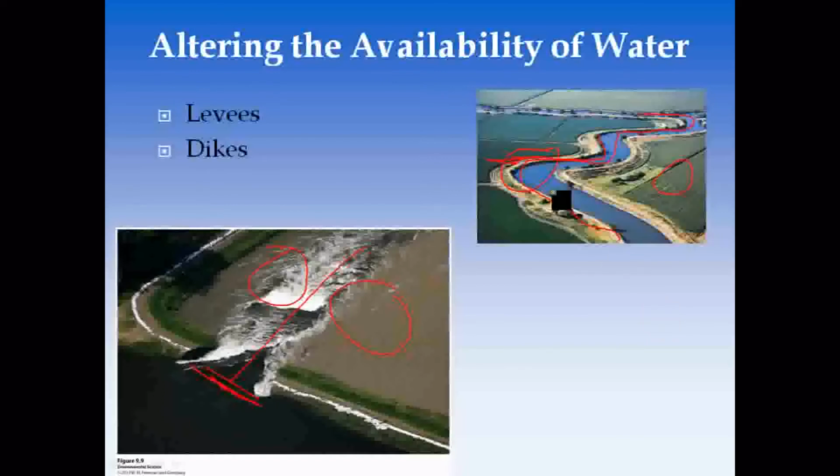Another problem is if you stop the natural flooding that might occur with this river at this point, then those waters are going to continue to build as they go downstream, and some town, maybe even in another state further downstream, is going to be affected, and they're going to have increased flooding. So you can see, once again, anytime we try to change Mother Nature, there is an environmental impact further away.